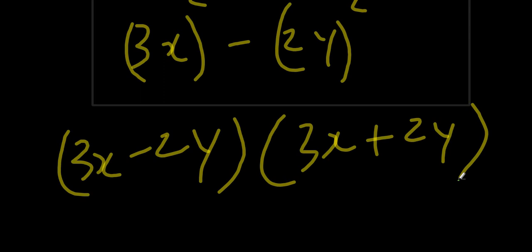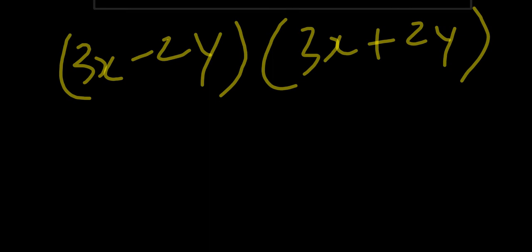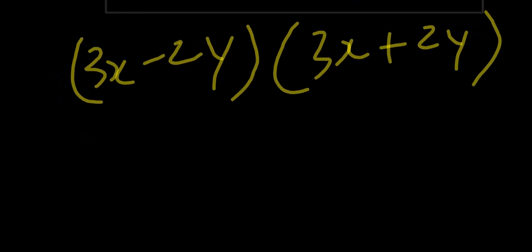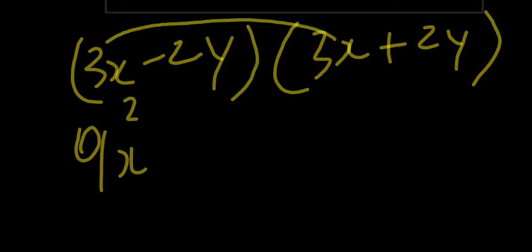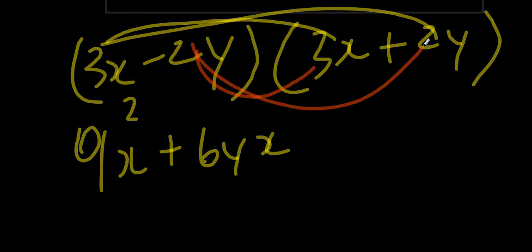And we could prove this is right by going ahead and solving it to see if it gives us back the same problem. So 3x times 3x gives us 9x squared. And once you have that, we know that something is really happening in terms of accuracy. Then 3x times 2y gives plus 6xy, and the other gives negative 6xy.